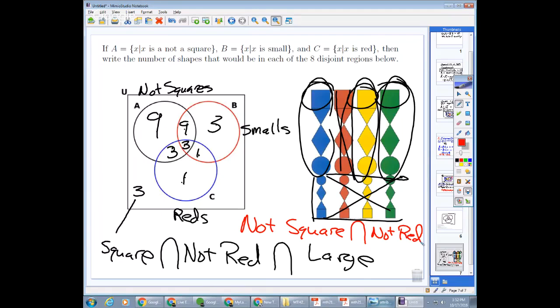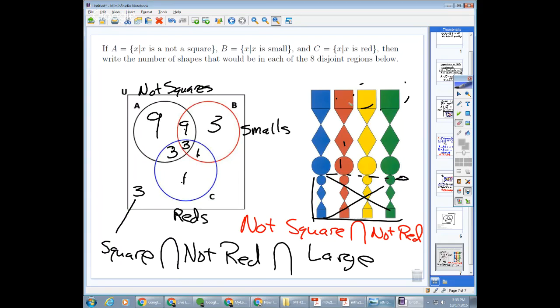See if you can figure that out by looking at the shapes or looking at the Venn diagram or both. So if you have the pieces in front of you, that can be very handy. Otherwise, we got to look at this setup here.